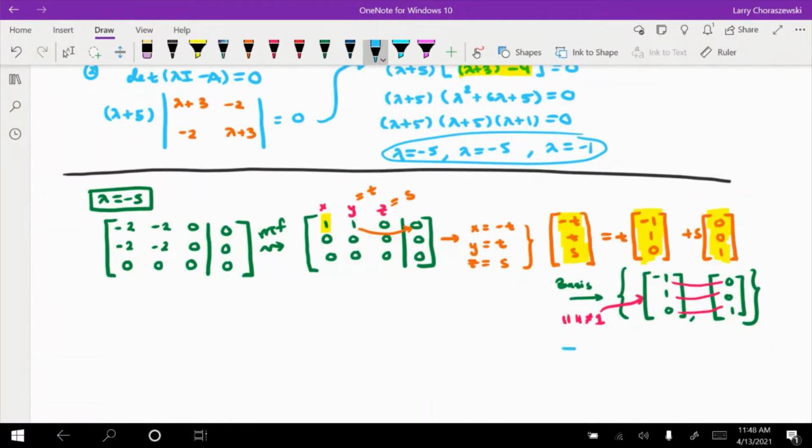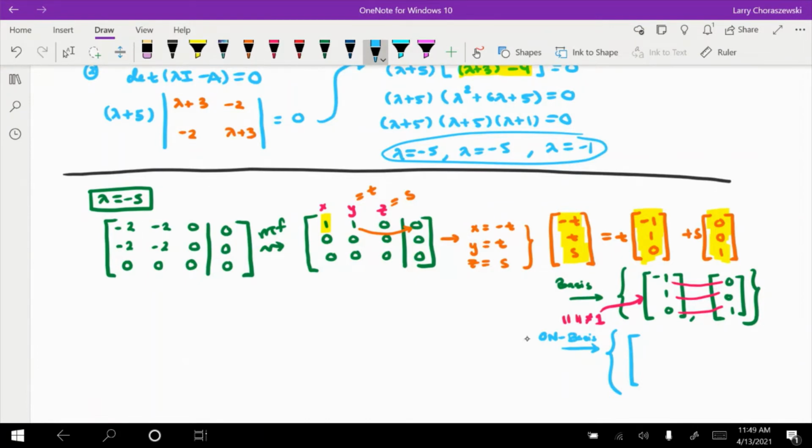And so I'm going to add on to this ON basis. We're going to have to normalize this very first basis vector by dividing each entry by its magnitude.